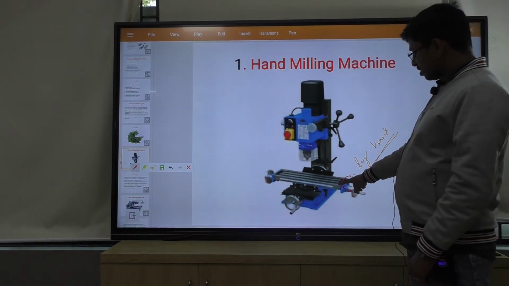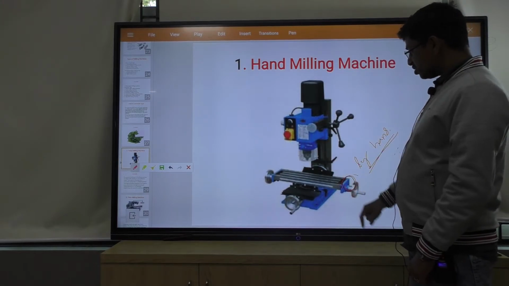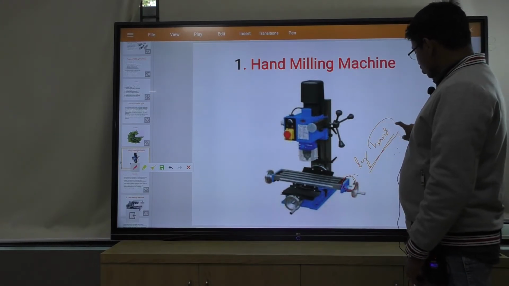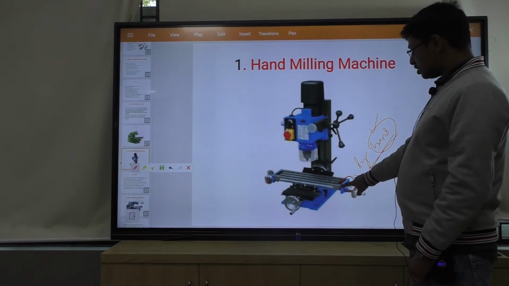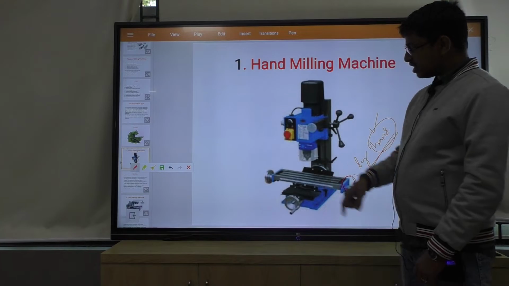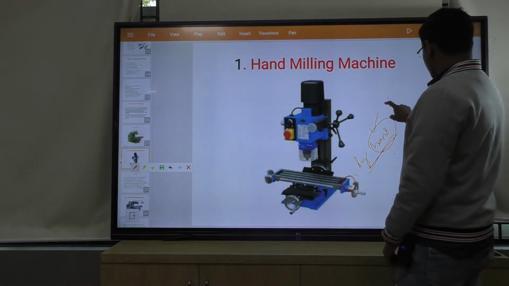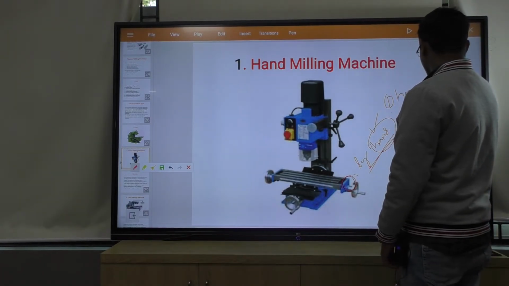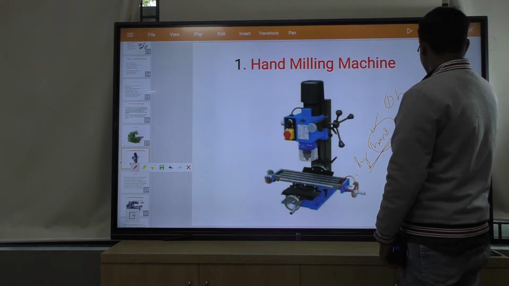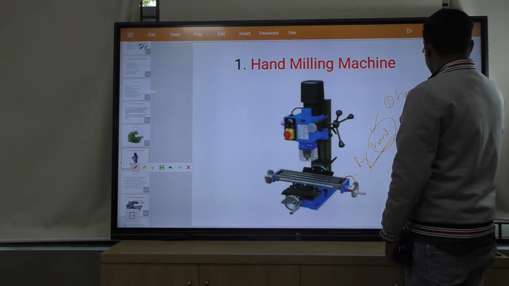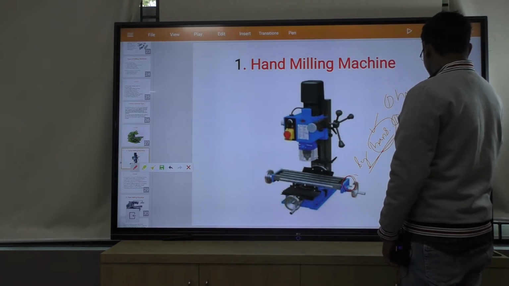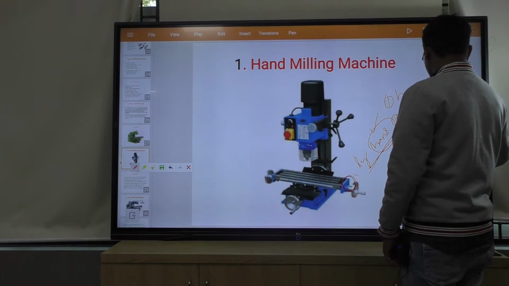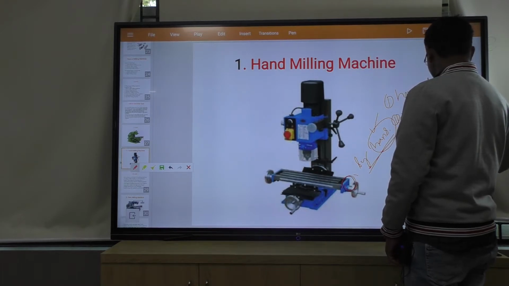This table can be fed against the workpiece by hand. So on the basis of providing hand power to the motion of the table, we name these hand milling machines. They may be horizontal or vertical milling machines.